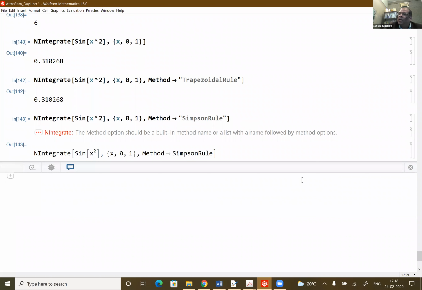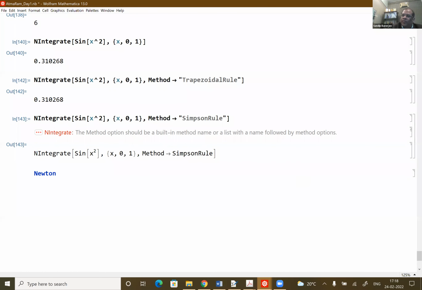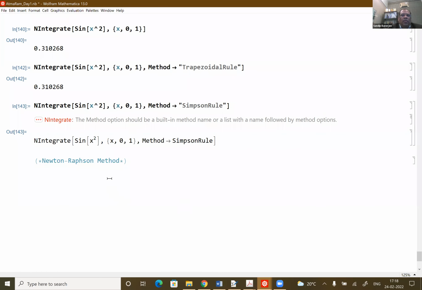Okay. The last one. Let me show a bit of Newton-Raphson.